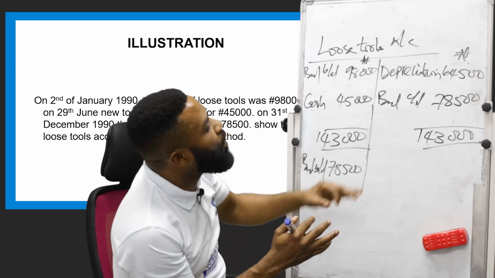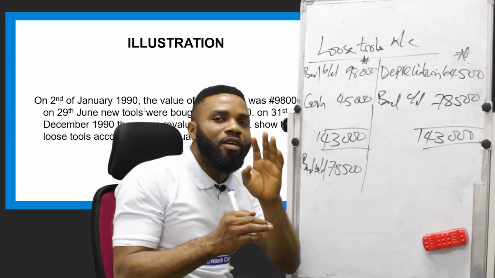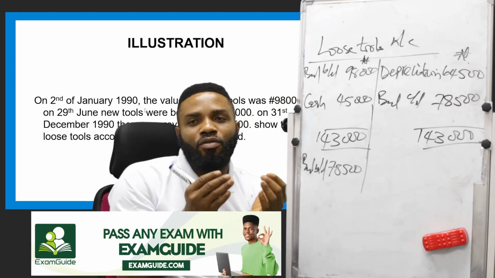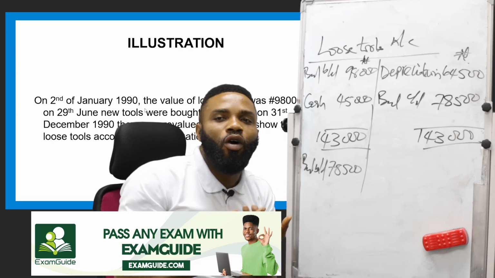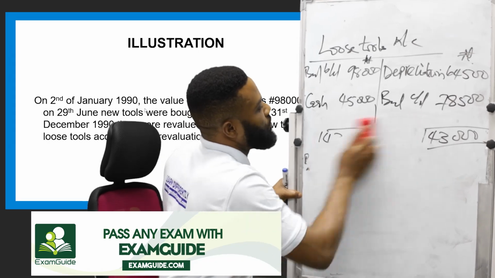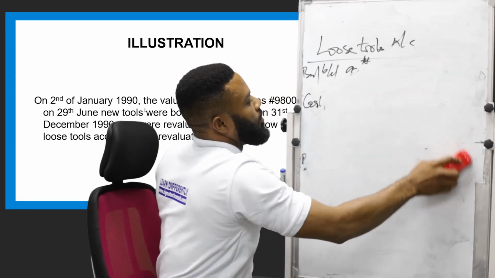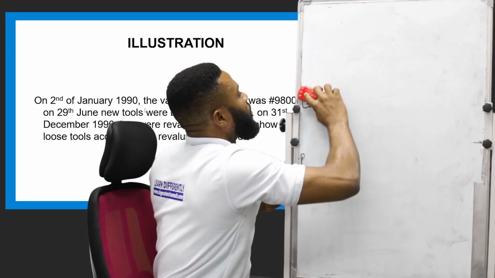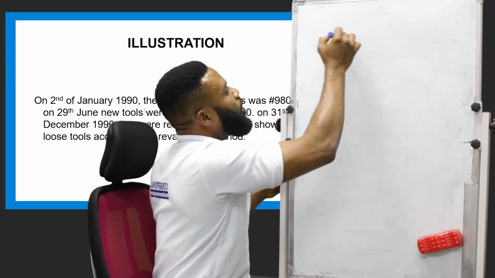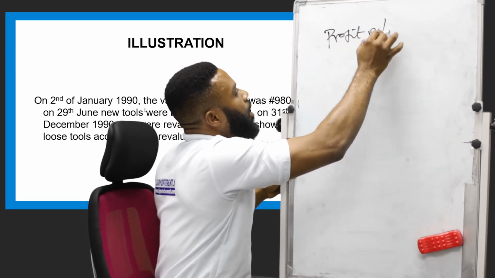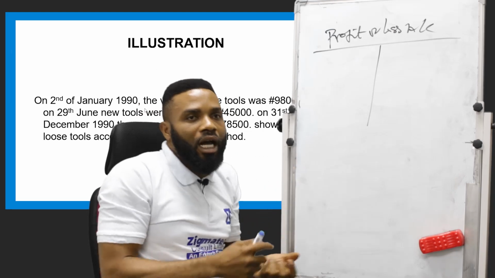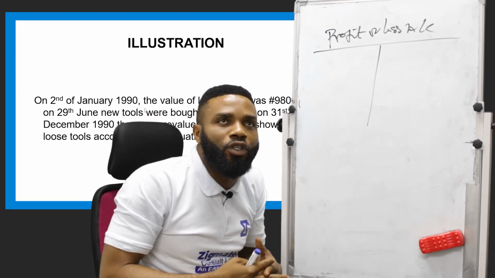Let's quickly see how we can represent this in the accounts. Now we have prepared the loose tools account, which is the asset account. The next account that I feel we should also prepare is the profit or loss account. Simply write your profit or loss account. Don't forget that your profit or loss account is an extension of your trading profit or loss account.